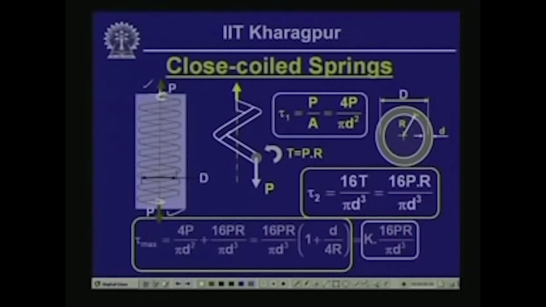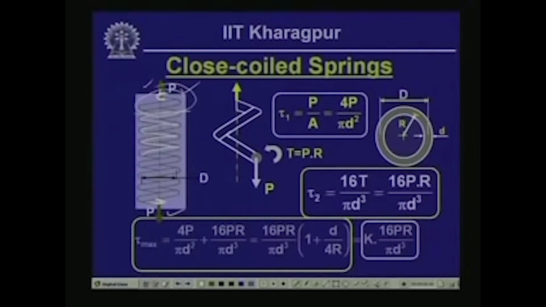Several kinds of mechanisms are formed at the end, either in the form of a hook or a flat end which can be connected to a particular member, where we can apply a load P in this system. Now, suppose we cut across and take a free body of this particular spring. These turns, which we normally call coils, are several along the length of the spring.